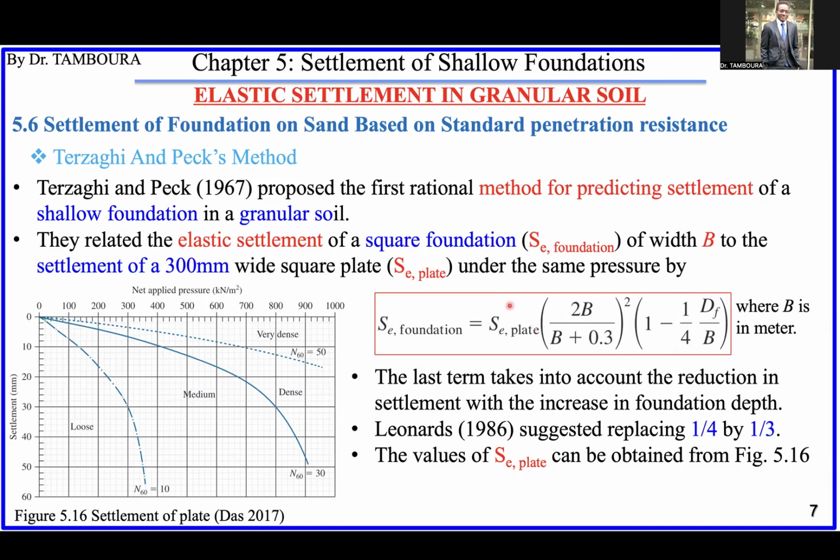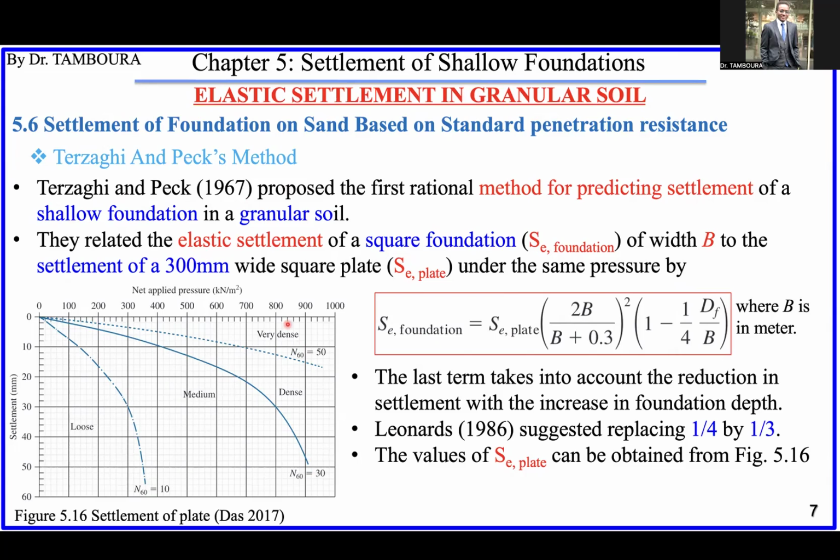You read SE plate on this design chart. You can see here the N value 10, if the N value is 30, and here if the N value is 50. So you can see loose, medium, dense, and very dense, because we are talking about granular soil.